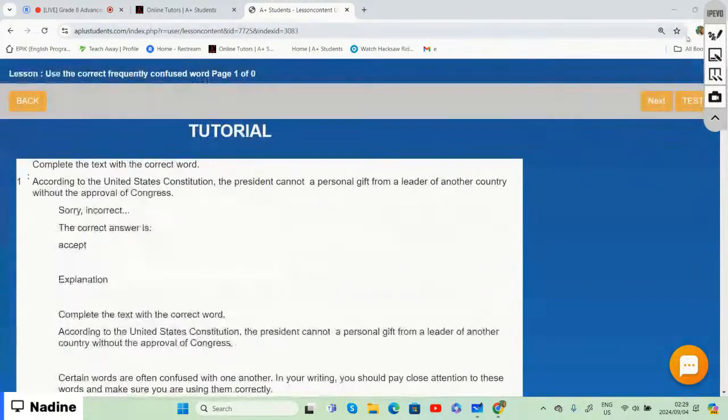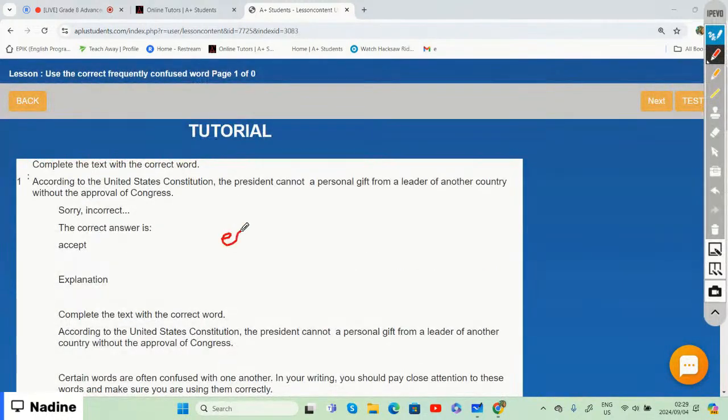So we need to choose between these two words, accept or except. It says, according to the United States Constitution, the president cannot accept, or do we say except, a personal gift from a leader of another country without the approval of Congress?